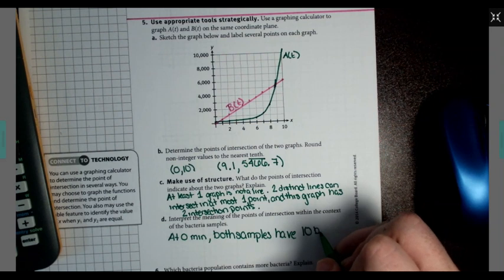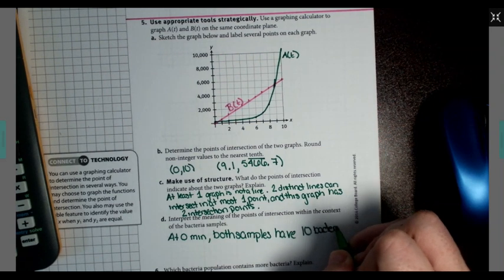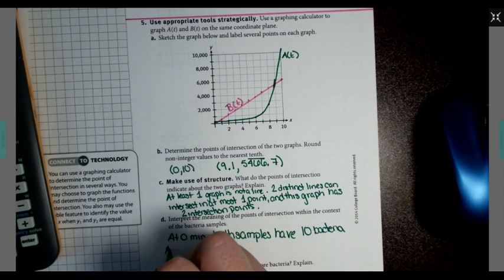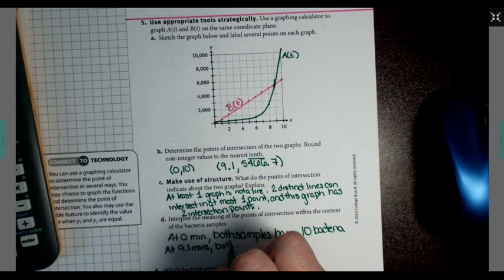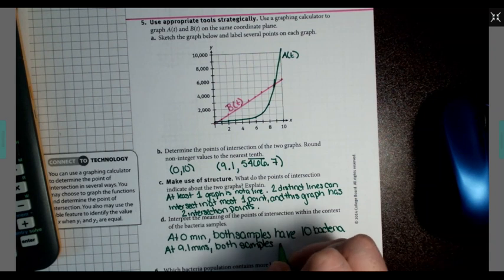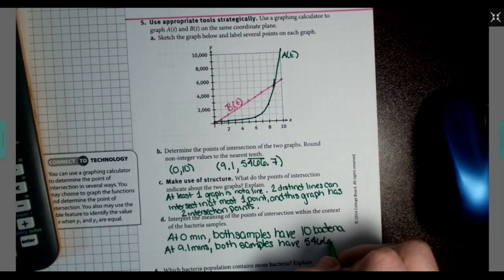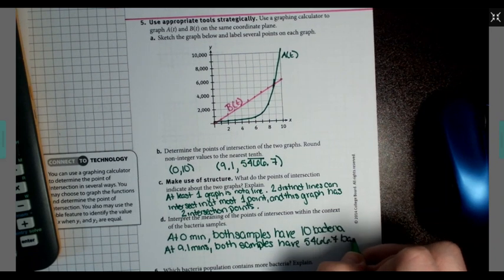Okay. At 9.1 minutes, both samples have 5,466.7 bacteria.